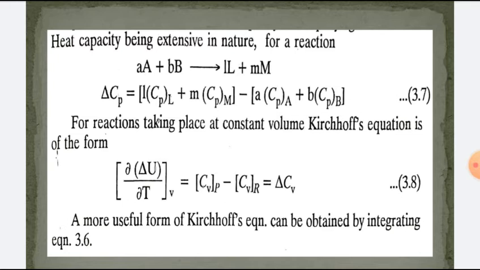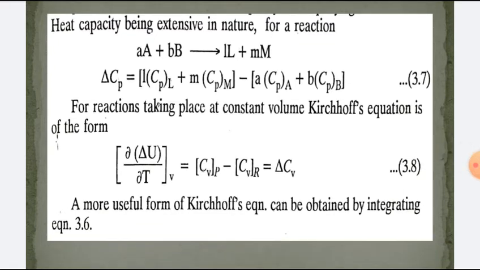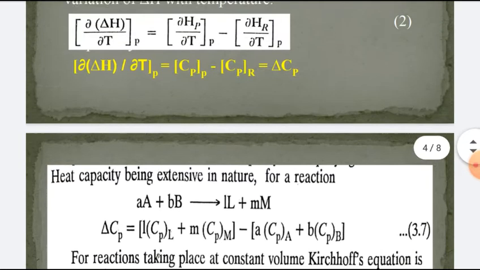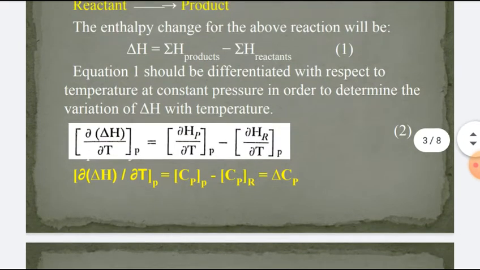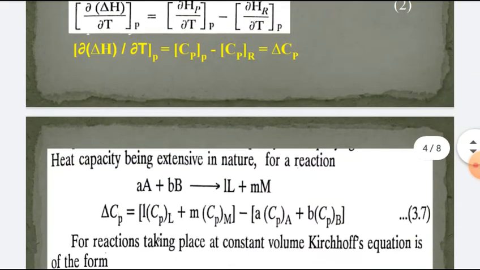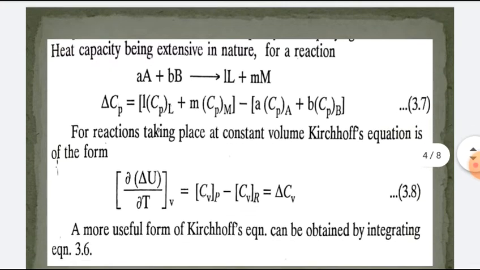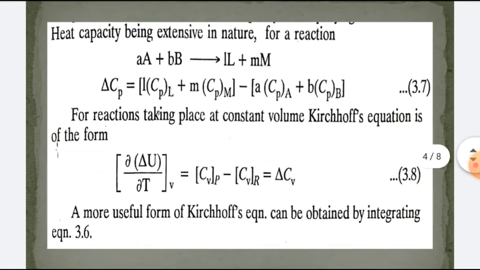This equation is known as Kirchhoff's equation. The equation highlighted in yellow is known as Kirchhoff's equation. It gives the rate of variation of delta H of a reaction with temperature at constant pressure.